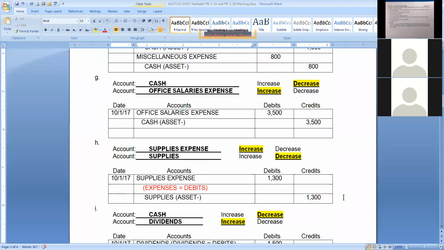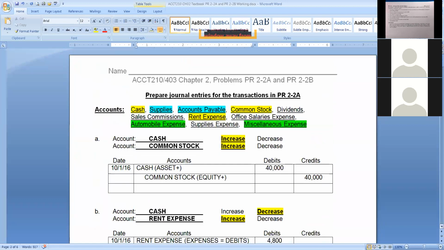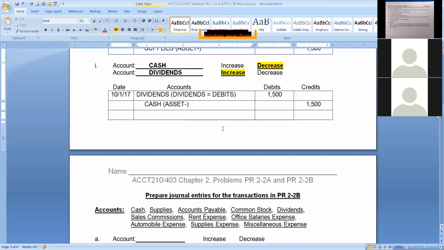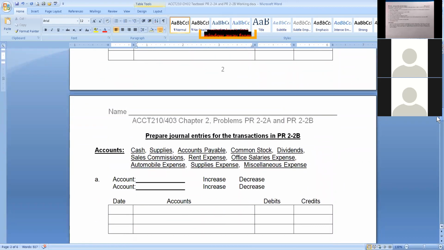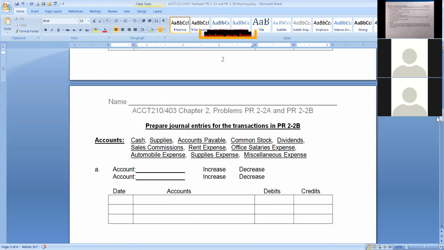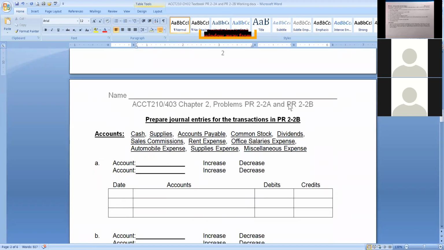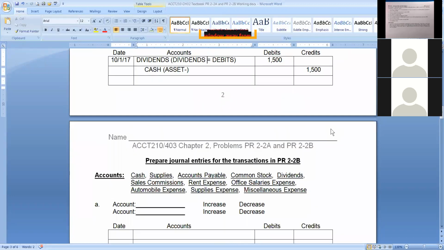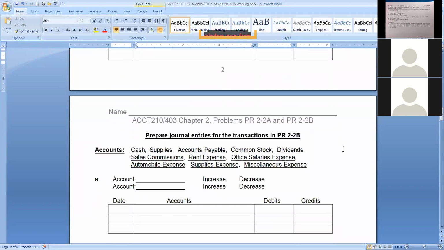Any question on this? Okay, so here is your job for next time. You're going to do problem PR 2-2B. This is with the B problems at the end of chapter 2. And it doesn't give page numbers, at least not that I can see.